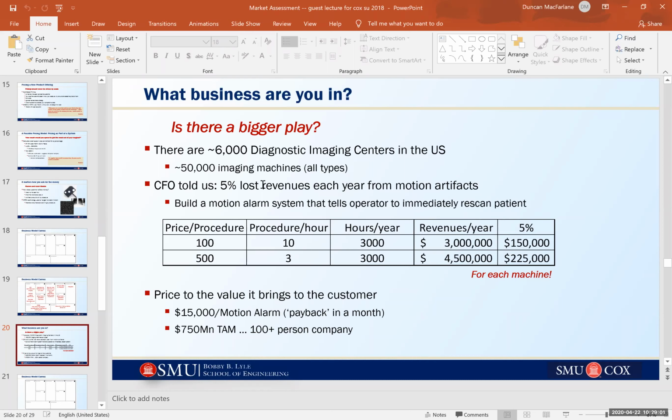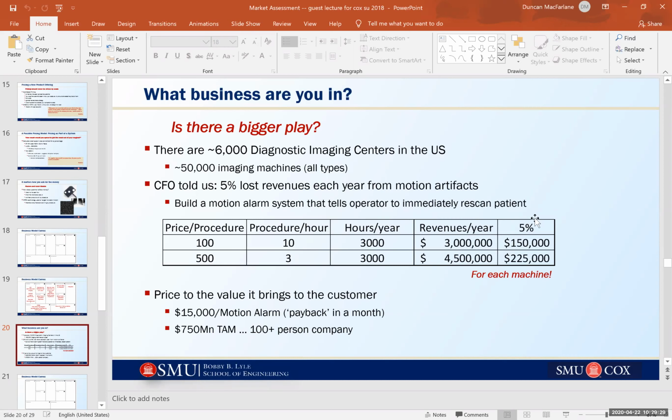And here's the value of the 5% lost revenues. Prices per procedure were 100 to 500. Number of procedures per hour, hours per year, revenues per year, and this is per machine. 5% per machine revenues of $150,000 is the number that bothered her for every one of her machines.